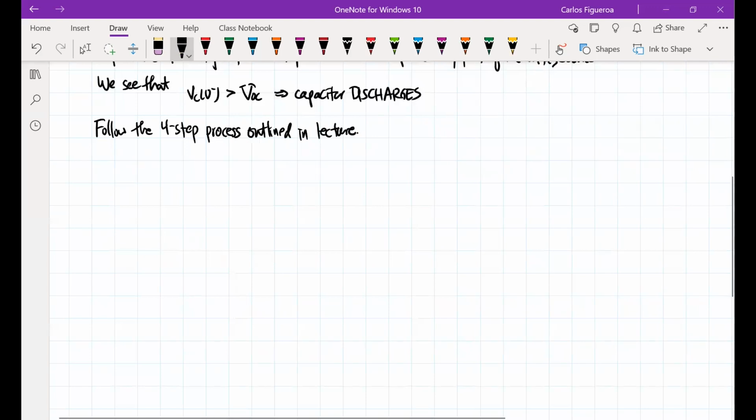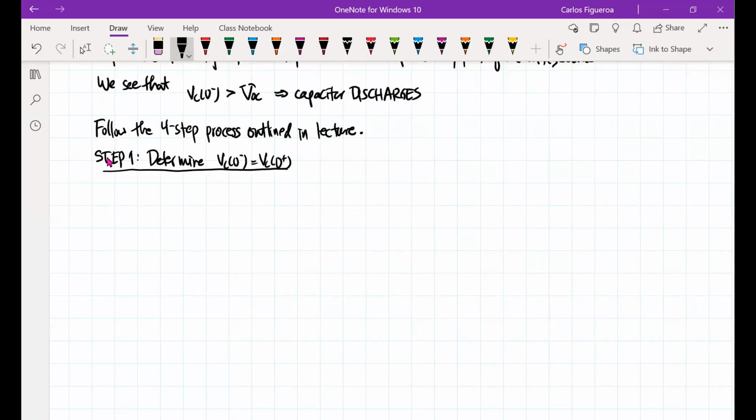I'm going to go to my first step, step 1. The goal here is that we want to determine VC of 0 minus, but we're really after VC of 0 plus, and we know that the capacitor cannot discharge instantaneously. So here we go.